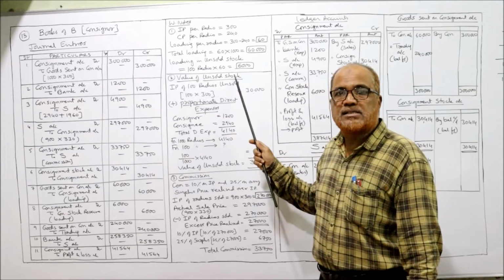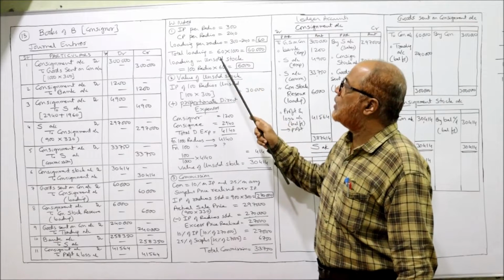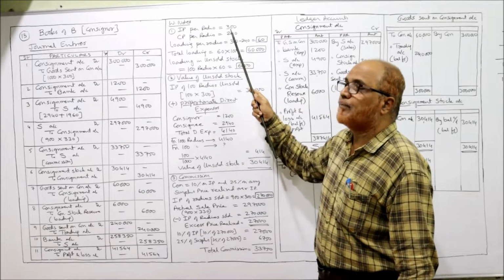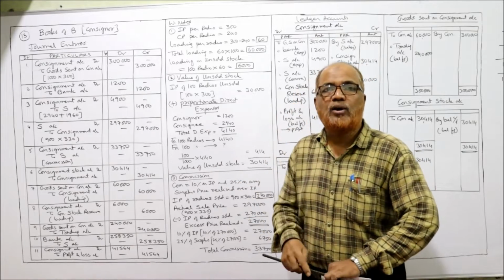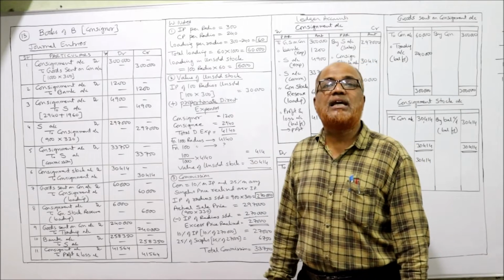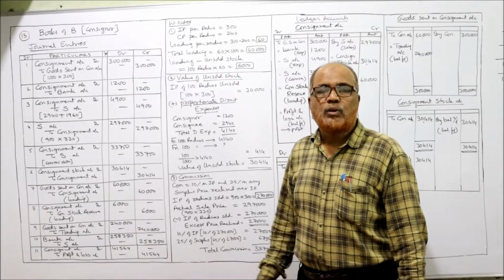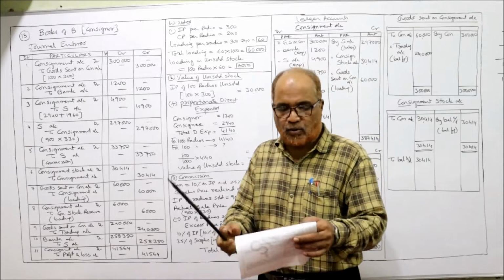So remember this. The total invoice price is 300 into 1000 radios. Each radio invoice price 300. So 1000 into 300, 3 lakh. The goods sent on consignment at invoice price is 3 lakh rupees.